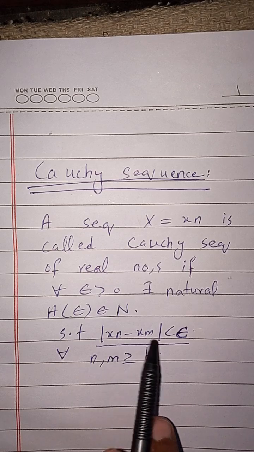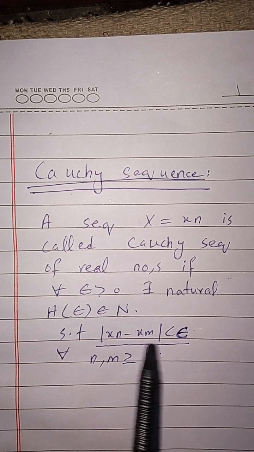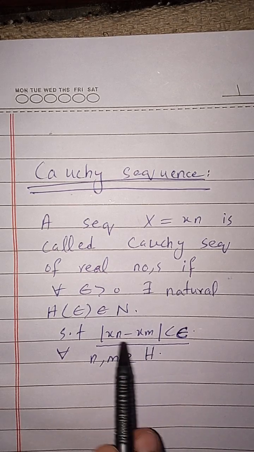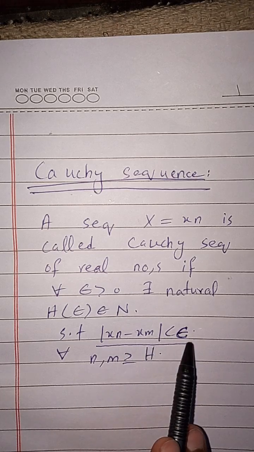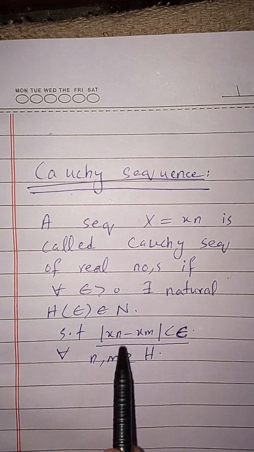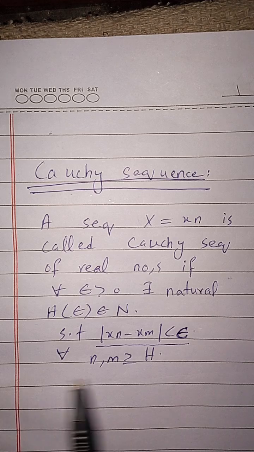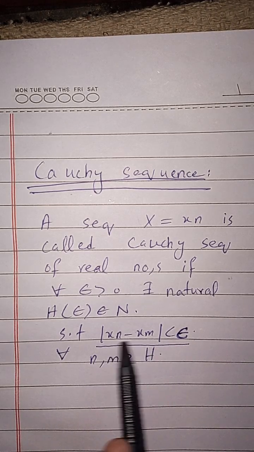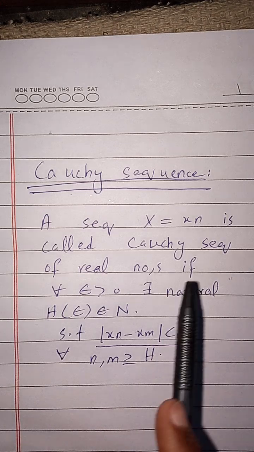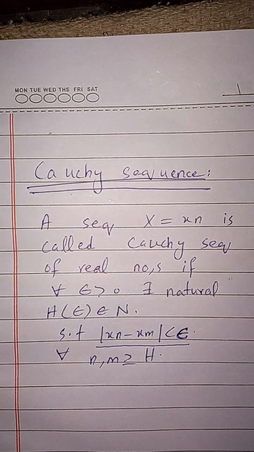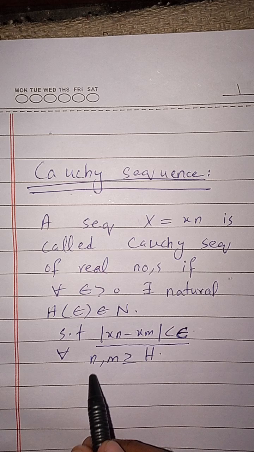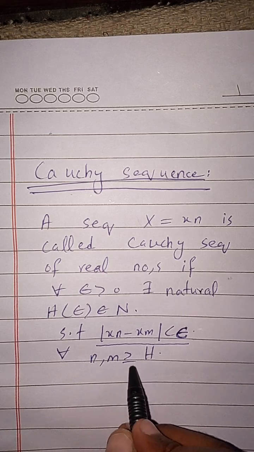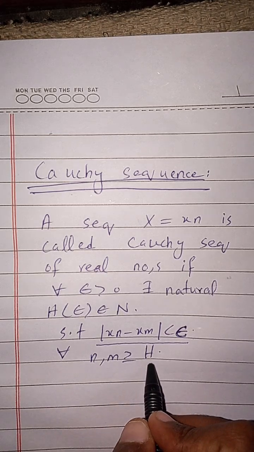The sequence in which these two terms have a difference less than epsilon is called a Cauchy sequence, where n and m are greater than or equal to some capital number h.